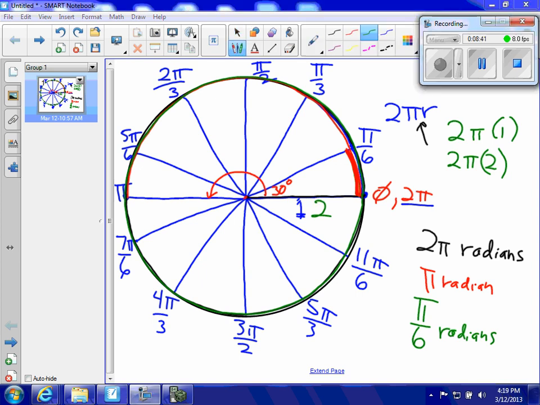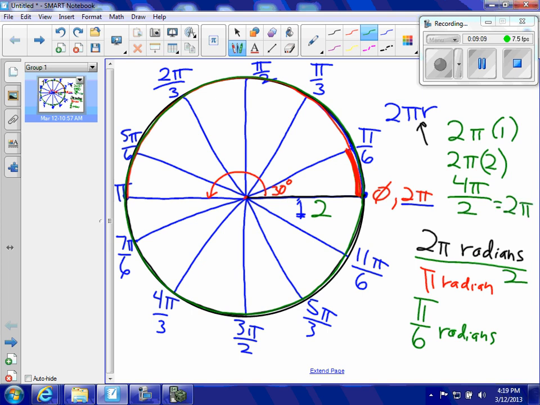But the distance around my circle, in terms of radians, is still going to be 2 pi radians. Yes, it's twice as long of a distance, but I'm dividing it by 2 because the unit measurement of my radius is 2 now, it's not 1. So I would have 4 pi as my distance, but my radian measure is 2, so that's still going to be 2 pi radians.